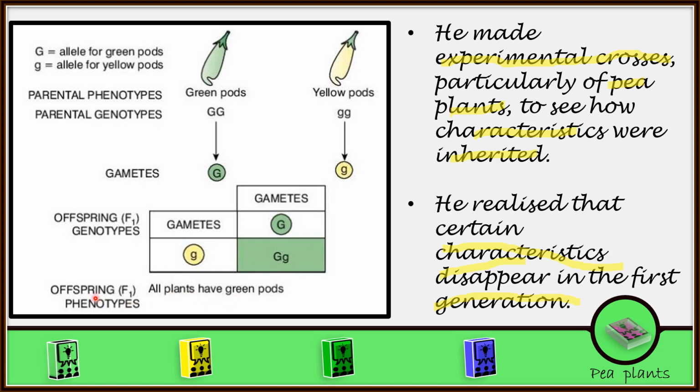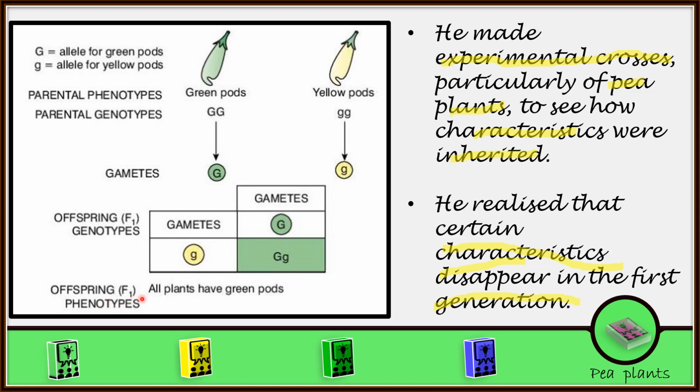The offspring phenotype is now green pods. That's what he got. Now, when you look, all these are green, but one of the parents was yellow. So that's why Mendel realized that certain characteristics disappear in the first generation, the F1 generation.